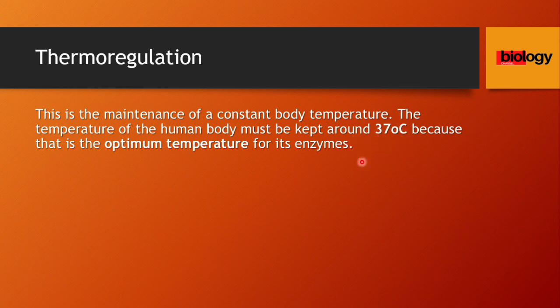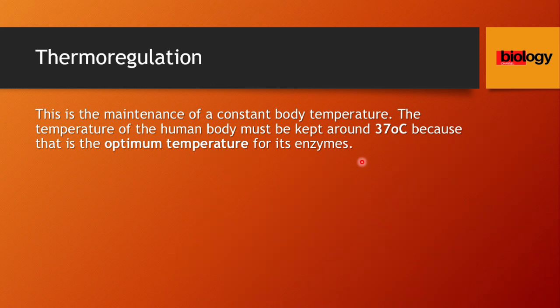So if the temperature becomes less than that, if it is below 37 degrees Celsius, then the enzymes will become less active. But if the temperature is too high, then the enzymes will be denatured, they will be inactive.